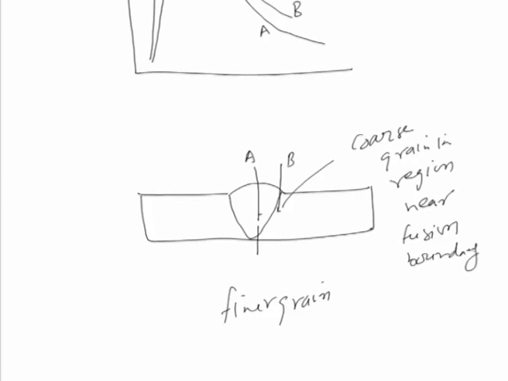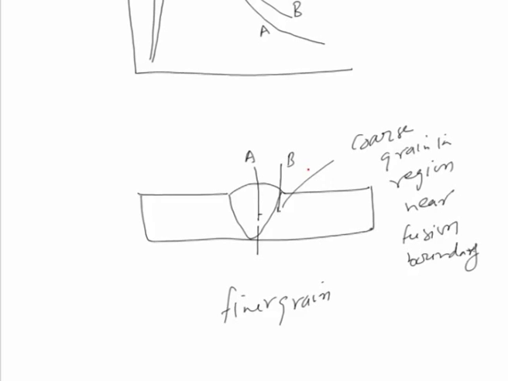This variation in the solidification rate near the weld center and near the fusion boundary brings in the difference in the grain size varying from the fusion boundary to the weld center, and this variation in the grain structure as far as size is concerned results in a significant variation in the mechanical properties of the weld region.